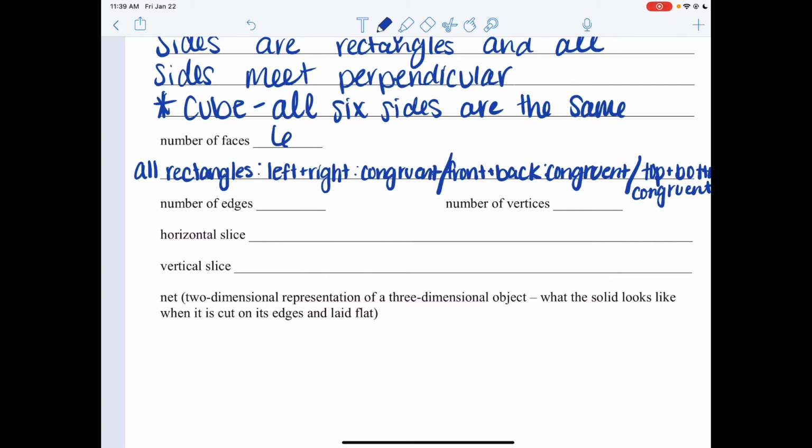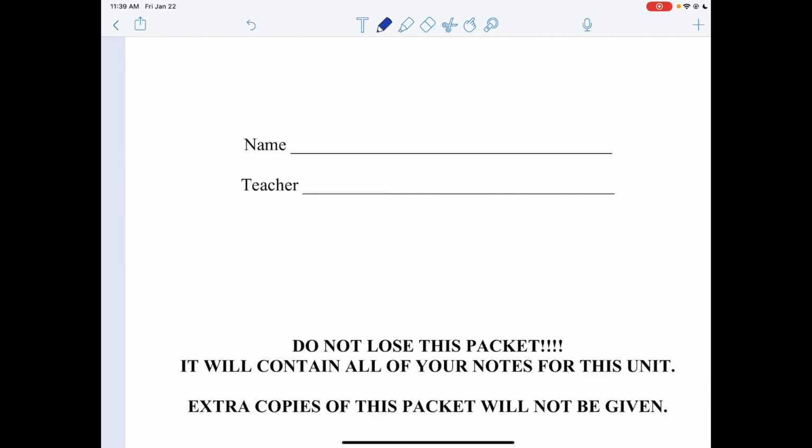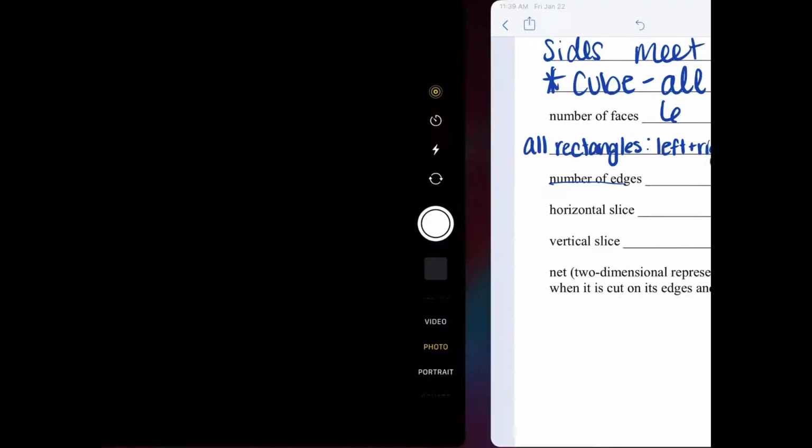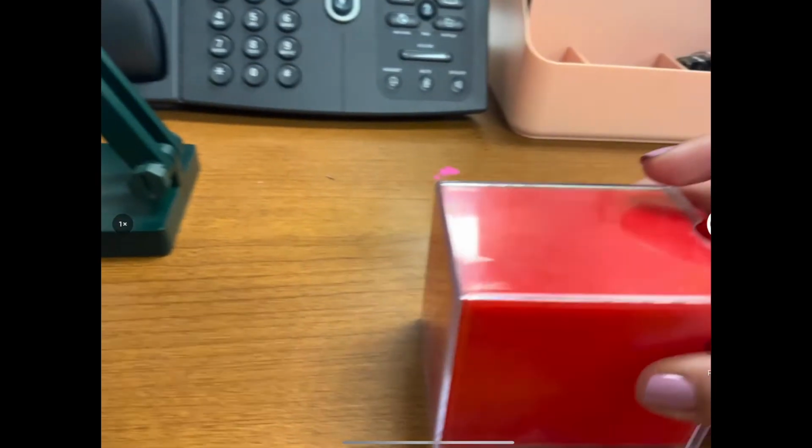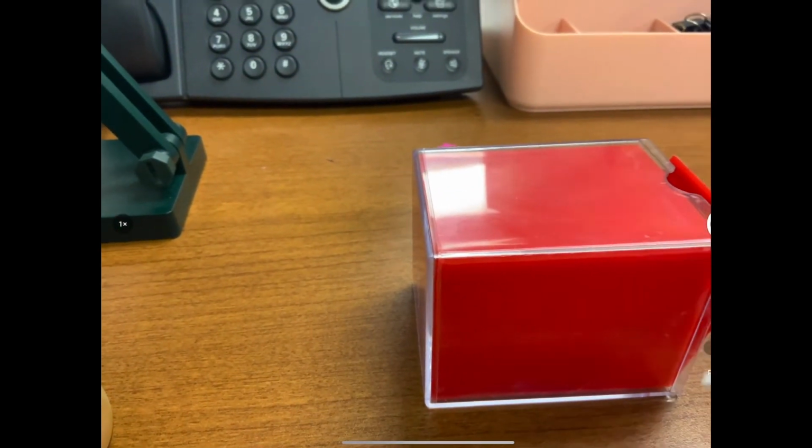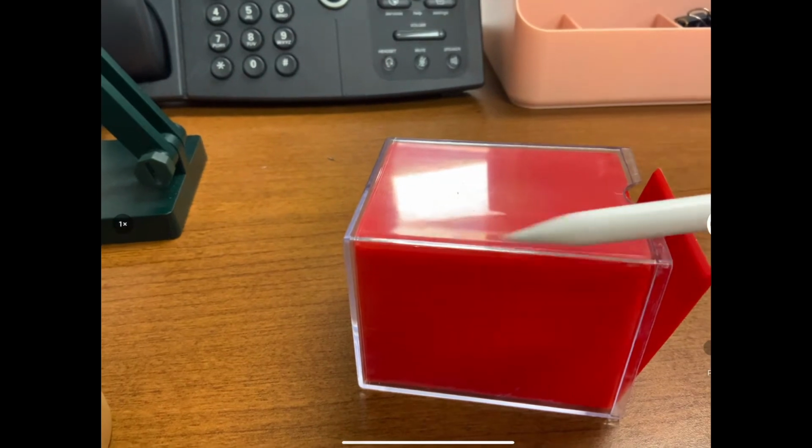Okay, now number of edges and number of vertices, what we are talking about there is number of edges are going to be where 2 faces connect. Okay, so when we see those 2 faces connect, we're going to see kind of like a line or a crease. And showing you my right rectangular prism right here, I have my 2 faces, and right in the middle, that's where they connect.